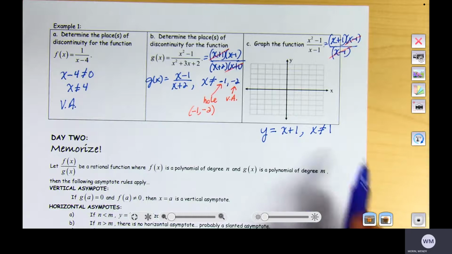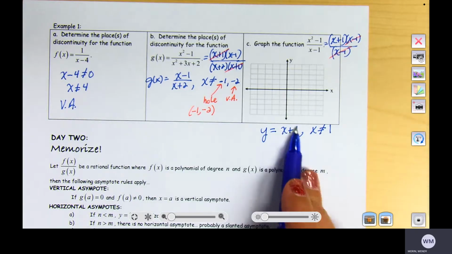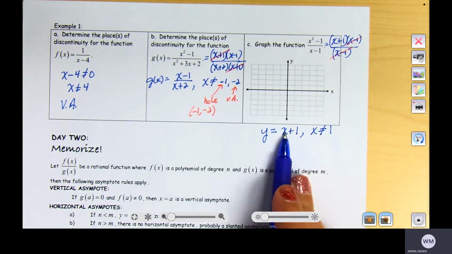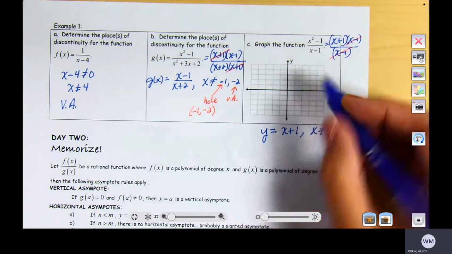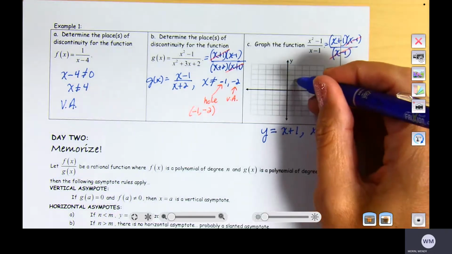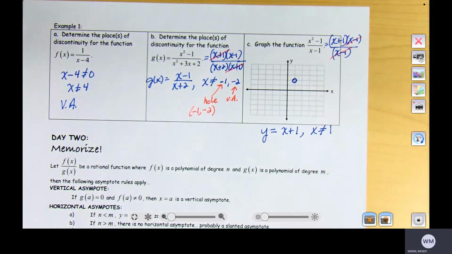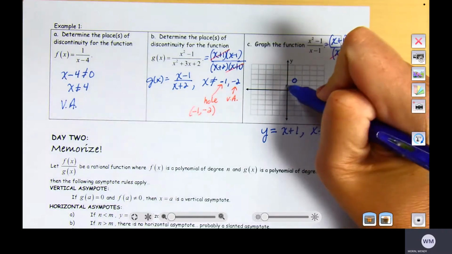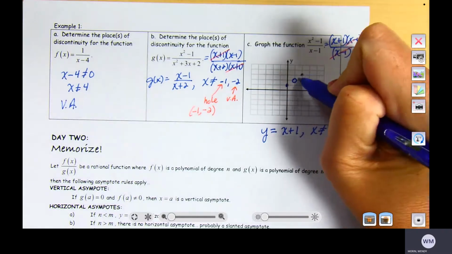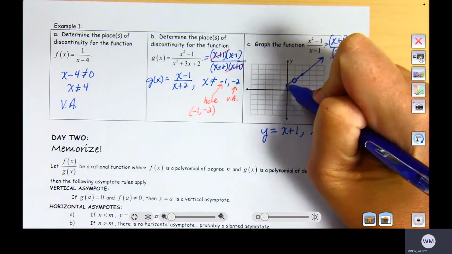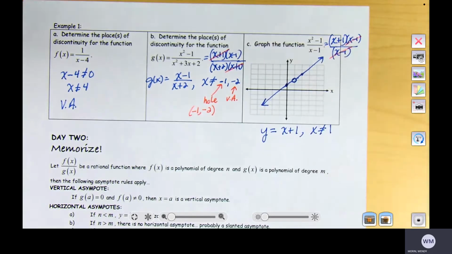Okay, so x equals 1, y equals 2 is undefined. So we place a hole there, which means the function does not exist there. It exists everywhere else, though. So there is a point discontinuity. Okay?